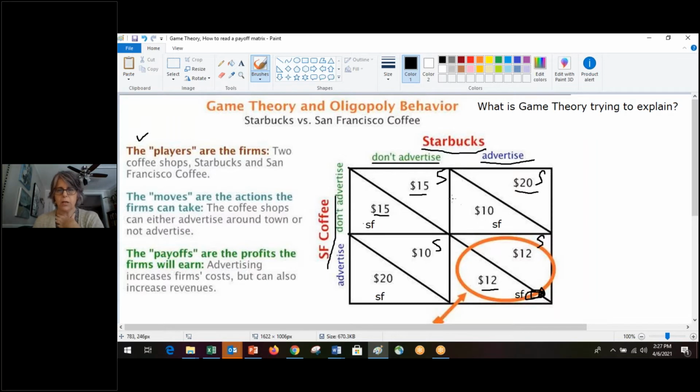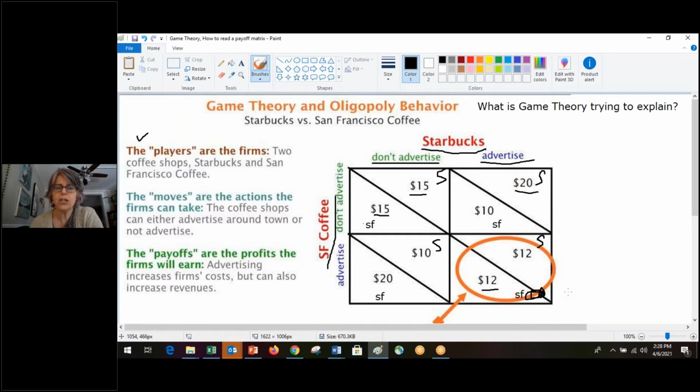What about Starbucks? Starbucks can either choose to not advertise or to advertise. Right now, Starbucks is making 12. The only thing they could do differently would be to move over here to not advertise, and they would make 10. So 12 is where they're going to end up.